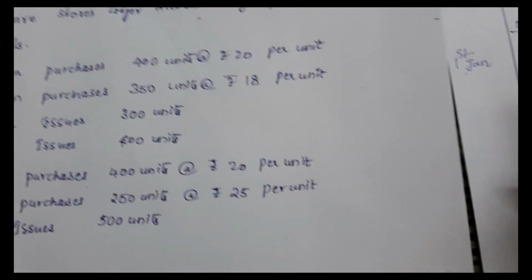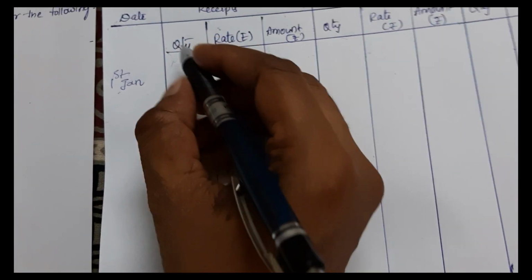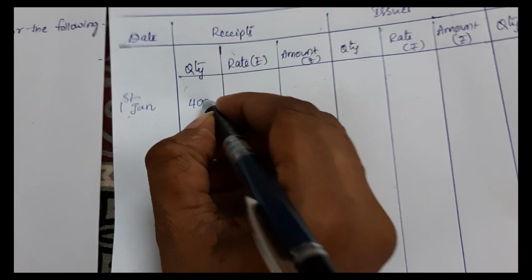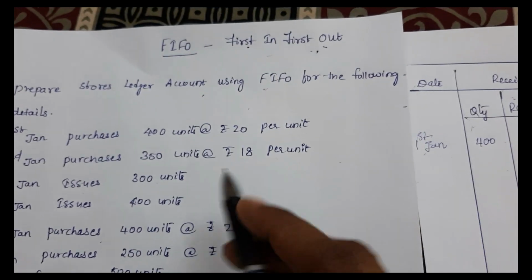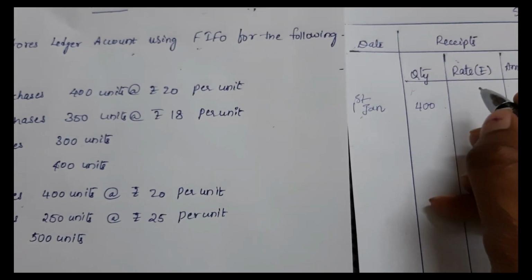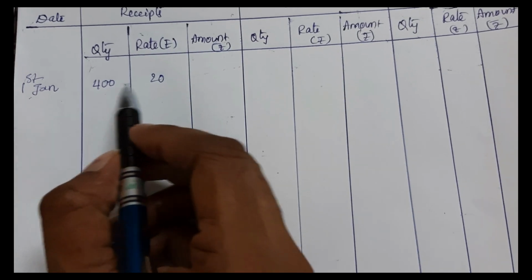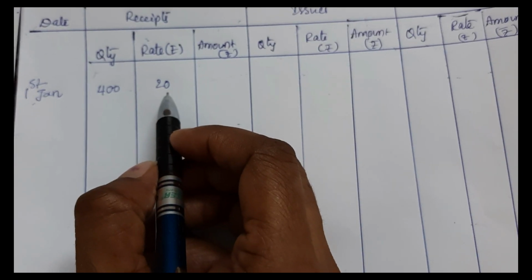So we bought 400 units here, 1st January, 400 units here, 400. And 20 per unit. 400 quantity units and 20 rupees per unit.